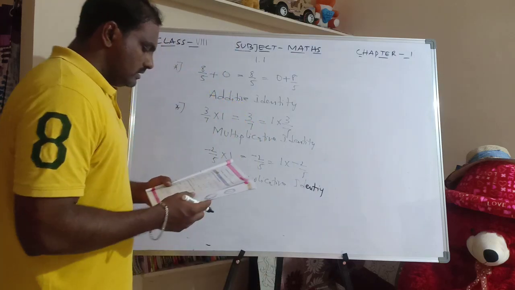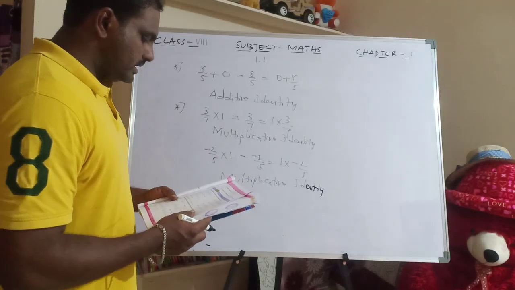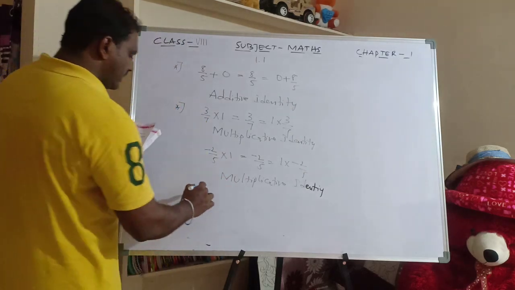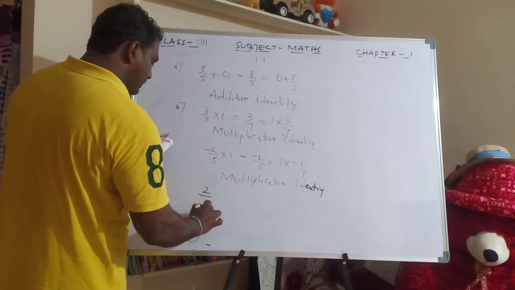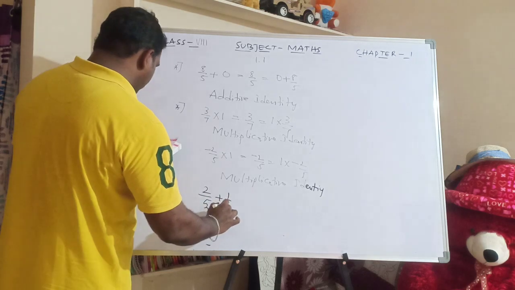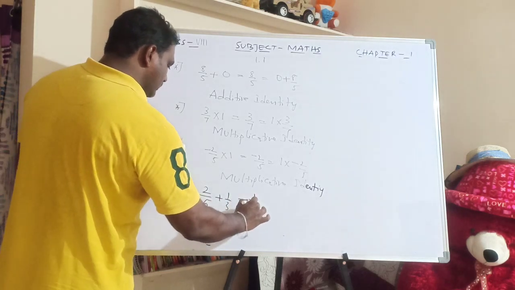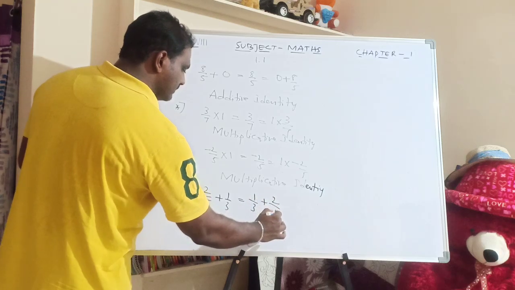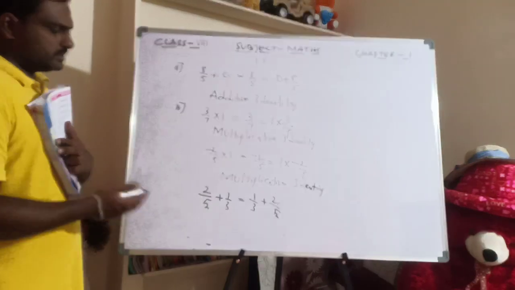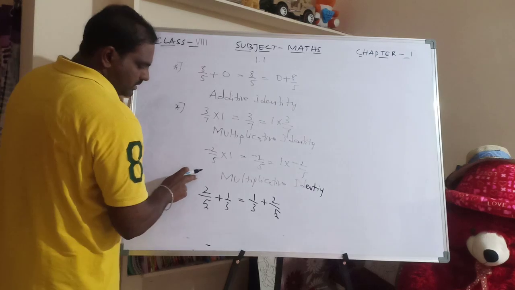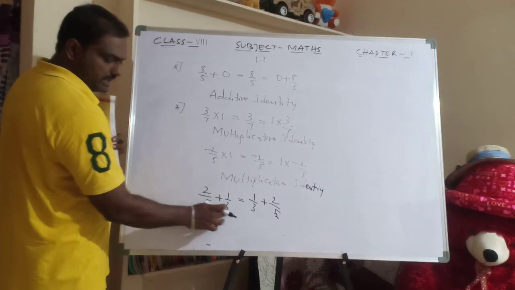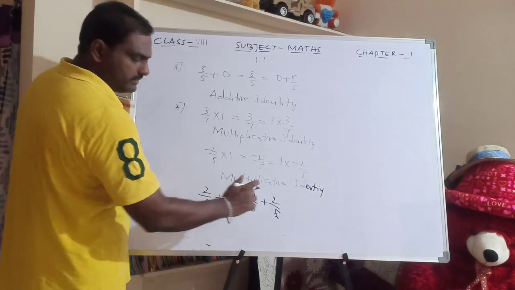Next, I will go for question number 5. Look at this: 2 by 5 plus 1 by 3 is equal to 1 by 3 plus 2 by 5. In which property was this used? 2 by 5 is one rational number, 1 by 3 is another rational number. So A plus B, here the order is reversed.